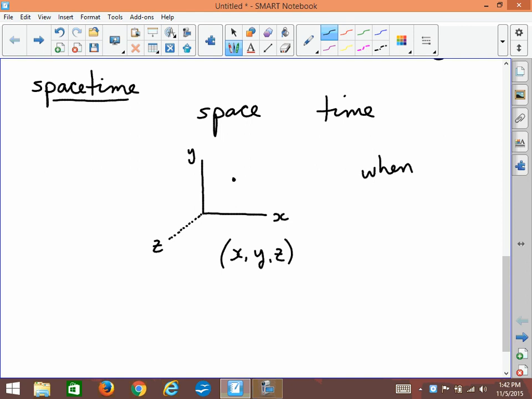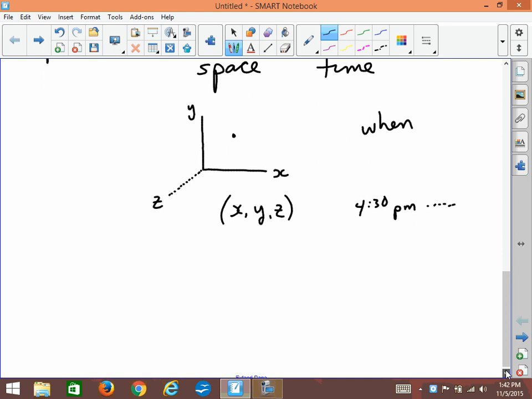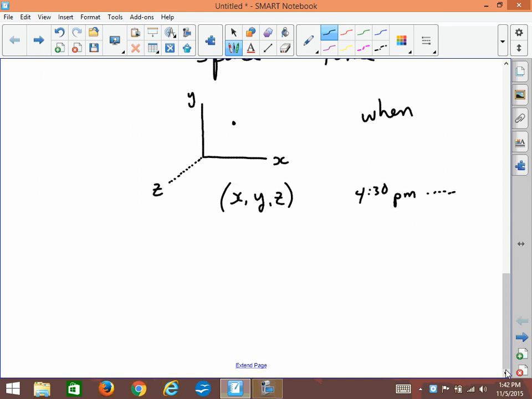The time will be relative to something, but you could say at 4:30 p.m. on a particular day, on a particular year, depending on how you wanted to reference your time. Put all that together, that's space-time. It's where you are and when you are.